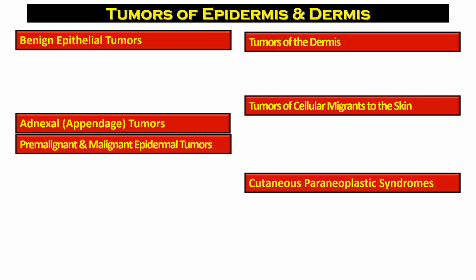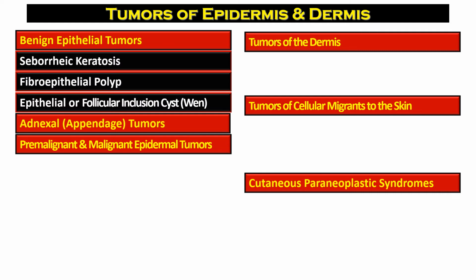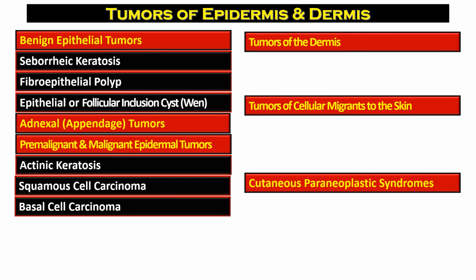The classification schema for the tumors of epidermis and dermis for this series of videos shall be under these heads: the benign epithelial tumors that include seborrheic keratosis, fibroepithelial polyp, and epithelial or follicular inclusion cysts. There are a number of adnexal tumors. Then premalignant and malignant epidermal tumors that include actinic keratosis, squamous cell carcinoma, and basal cell carcinoma.